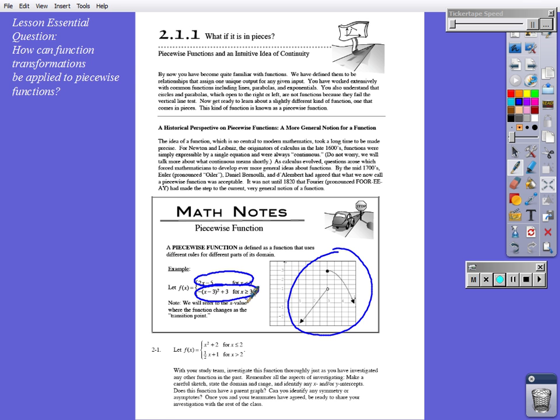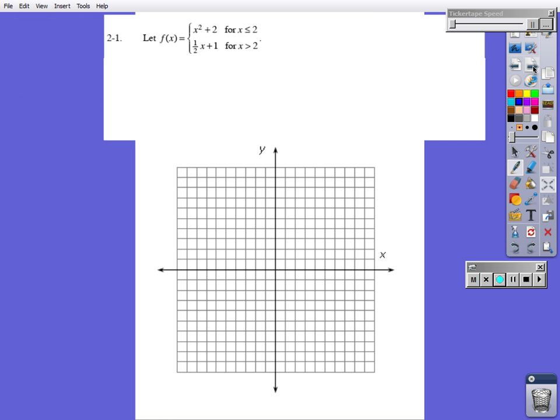So we're going to get some experience here graphing our own. This is problem 2-1. Let f of x be represented by x squared plus 2 when x is less than or equal to 2, and by 1/2 x plus 1 when x is greater than 2. So we should be graphing experts by this point in our math career.